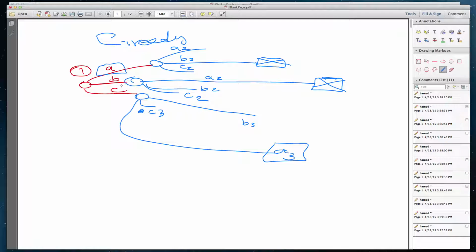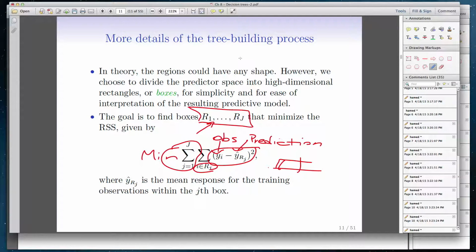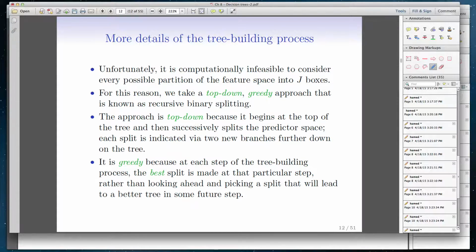So it's always best to look forward, but unfortunately, as you can see, if we just move from these steps further and further away, the number of branches we have to consider, if we want to consider, let's say, 10 steps ahead, will increase exponentially. And there will be a point that we cannot do it anymore. It is not possible to look over all possible outcomes, and that's why we work on a greedy approach.